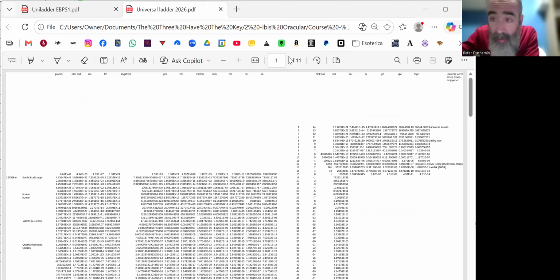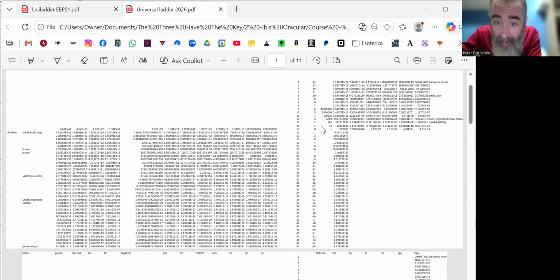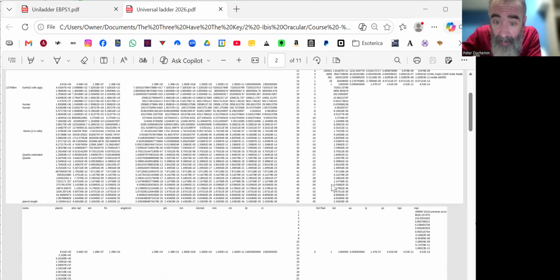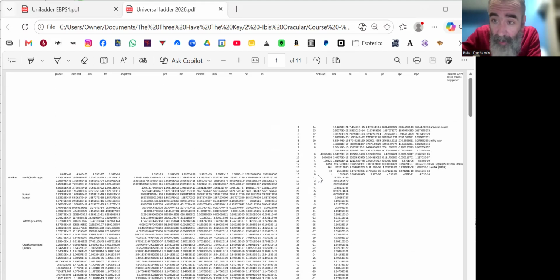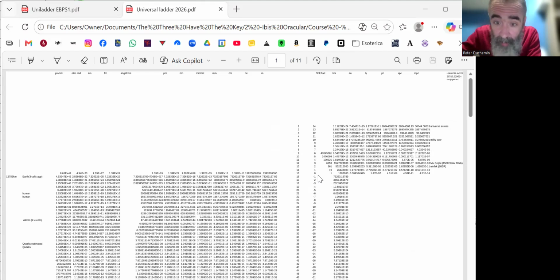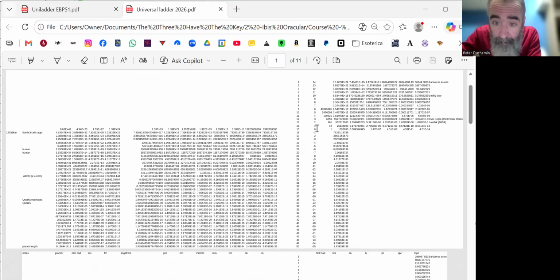Now the other side is when you're going down the ladder. So you can see already that actually the microscopic is a bigger domain than the macroscopic, which is kind of wild to think. So from here we go down, right? And so we're dealing in astronomical units.